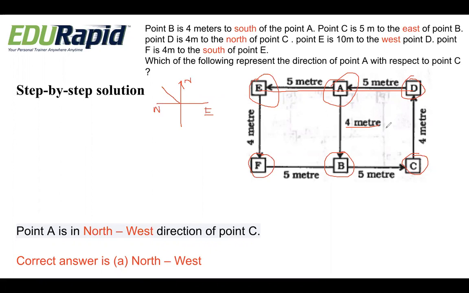So if you look at this picture, A is here, right? And C is here. So what is it asking? Which of the following represents the direction of point A with respect to point C? So with respect to point C, the direction of point A is northwest. So northwest is the correct answer.